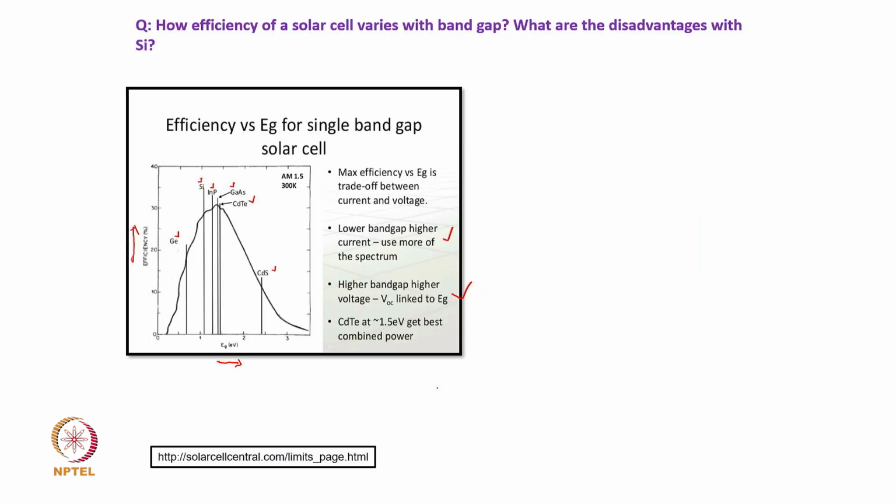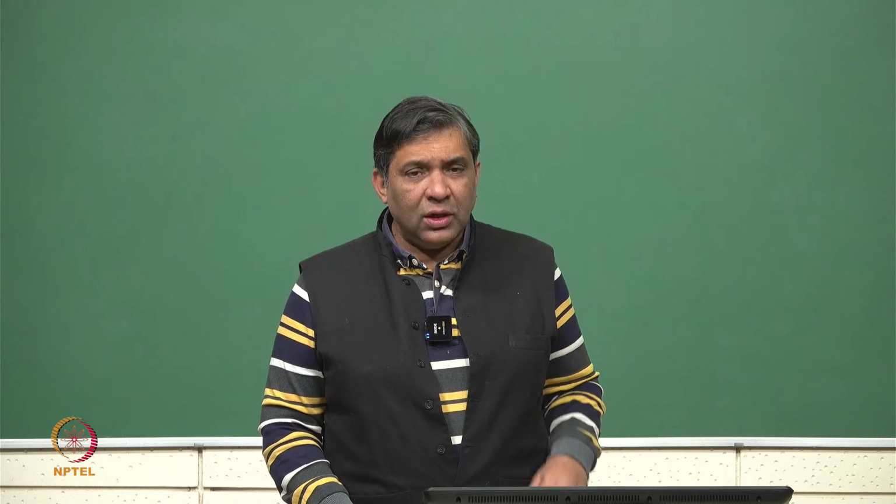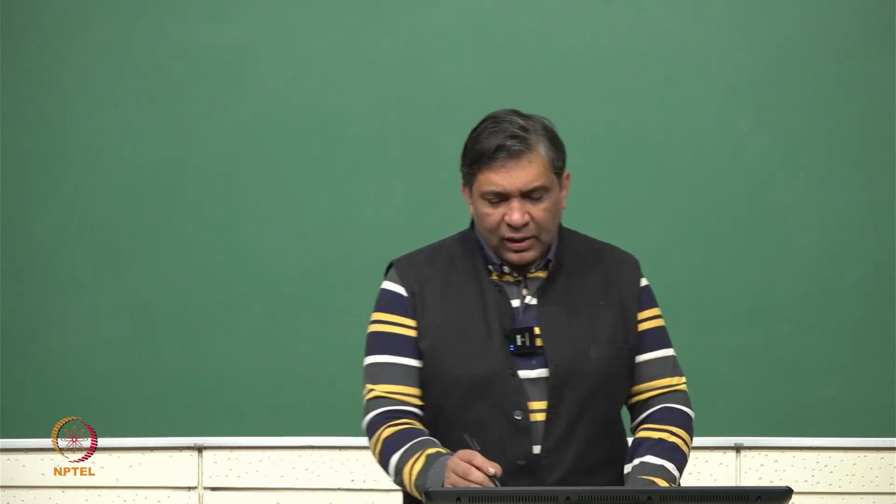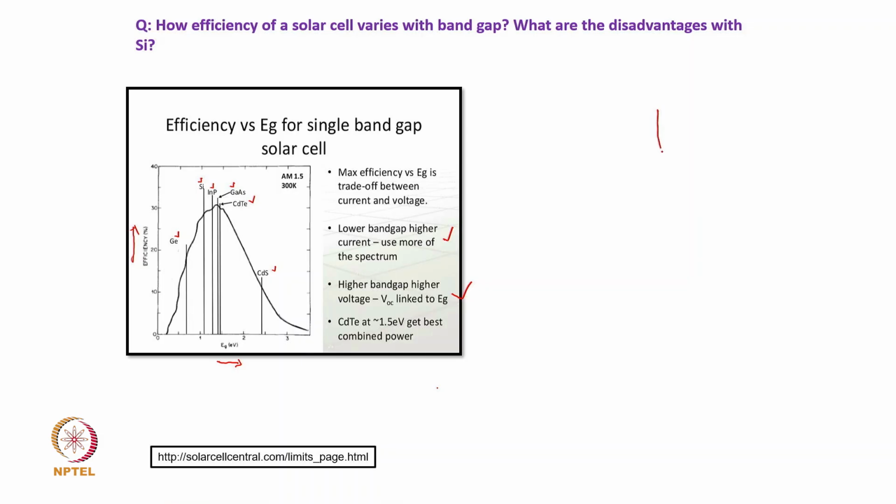But you know, for silicon there are some other problems, like it is an indirect band gap material. That means, when we plot an energy wave vector diagram, EK diagram, then this is the conduction band and this is the valence band.